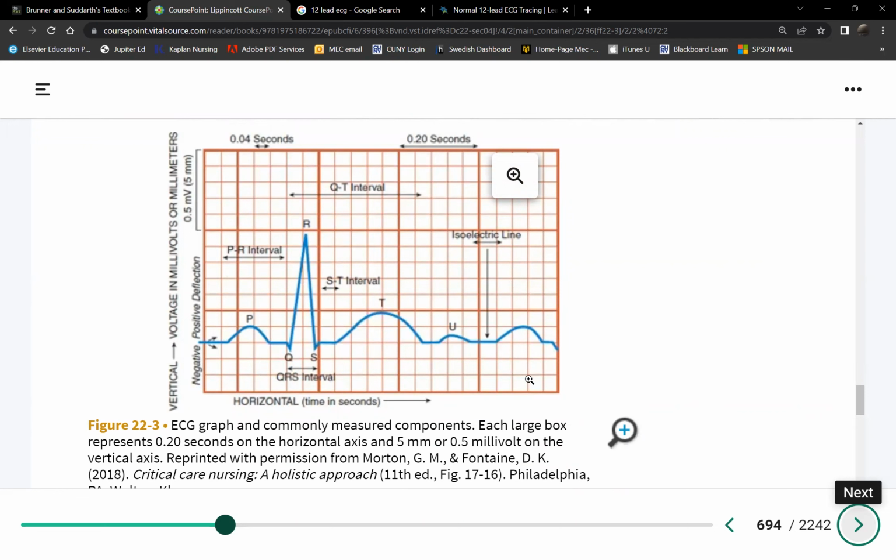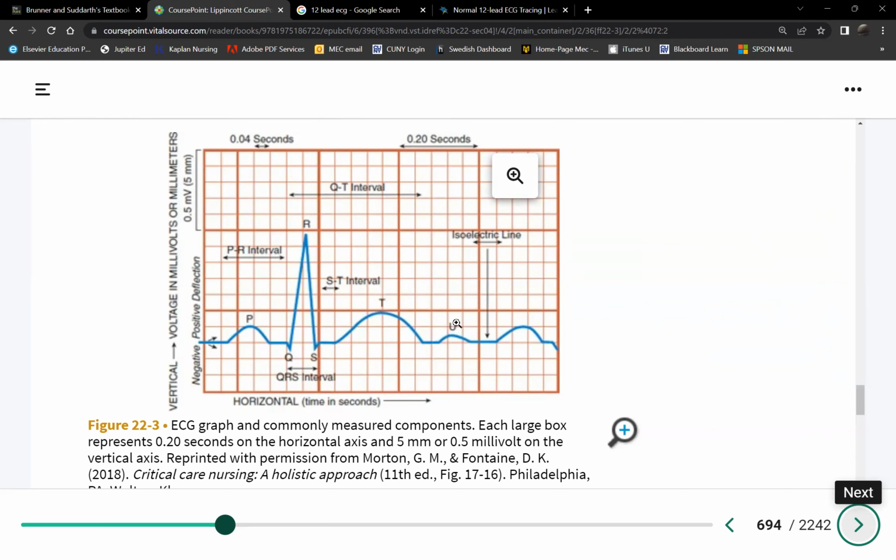For today's purpose, we will not talk about the U wave because the U wave does not appear very often.